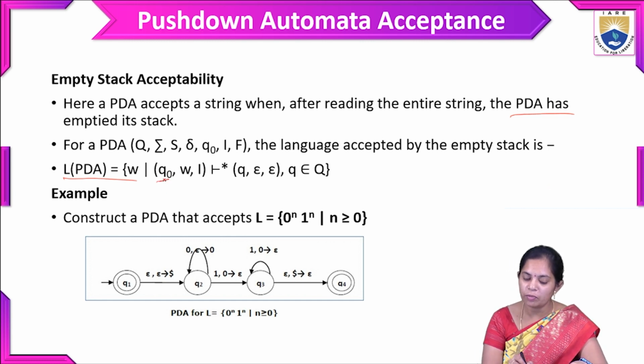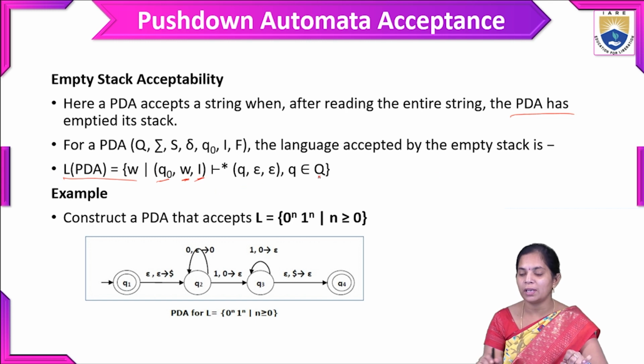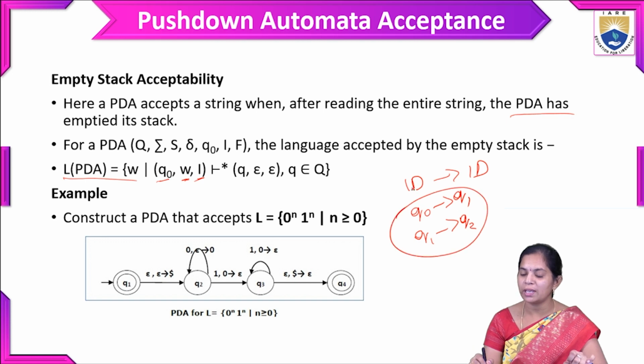We start from Q0 and W, which is the unconsumed input, and I is the top of the stack symbol, and turnstile star is how many moves there are, like ID from ID to ID. So the ID from Q0 to Q1 and Q1 to Q2, like that, all those moves are named as instantaneous description. Those combined together we name as turnstile star.